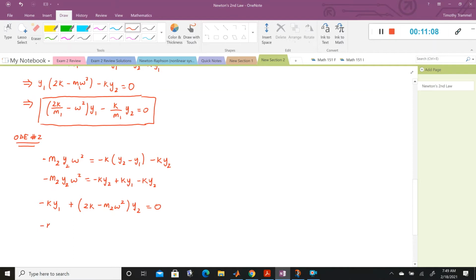So minus k over m2 y1 plus 2k over m2 minus omega squared y2 equals 0. Let's go ahead and box this equation here as well.